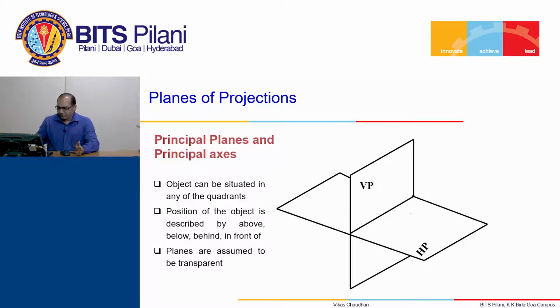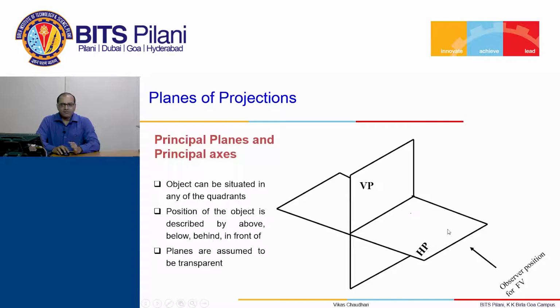There is a third plane which is mutually perpendicular to these two planes, which is called the profile plane. The direction of the observer is fixed for the projections. The arrow indicates the direction of the observer position to view the front view, and it is fixed whether the object is kept in the first quadrant, second quadrant, third quadrant or fourth quadrant.